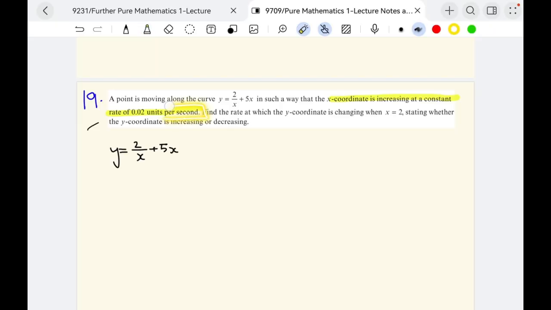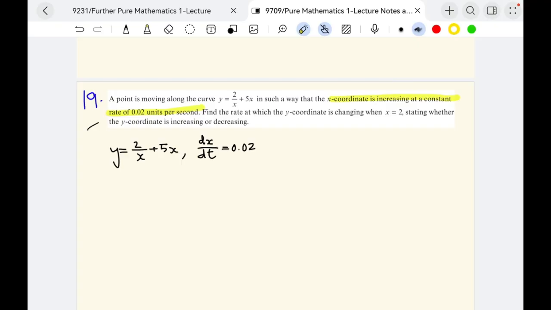Take a look at the rate. It is per second, which means that t is the time in seconds. So we have to realize that the x coordinate has the rate change dx dt of 0.02, positive, because it says that the x coordinate is increasing at this rate.